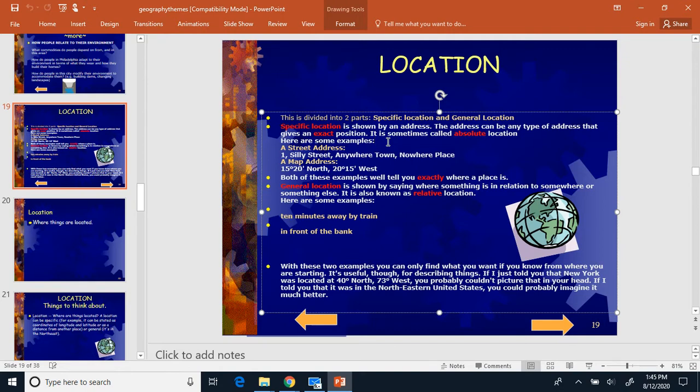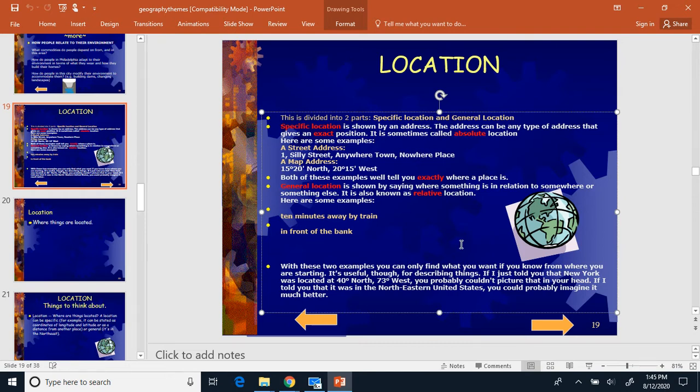Exact location can also be a street address. So when you say 369 24th Avenue, that's a street address. And then you have the city, Columbus, Indiana, 47201, right? So a street address is an exact location. It tells you exactly where that thing is at. Or using latitude and longitude also tells you exactly where something is at. So those are both exact locations.